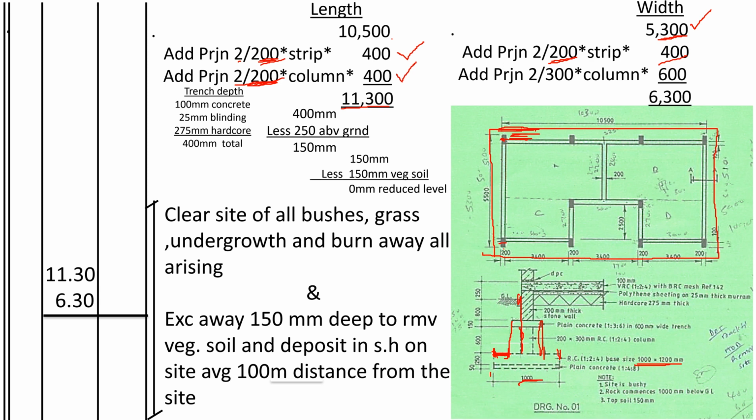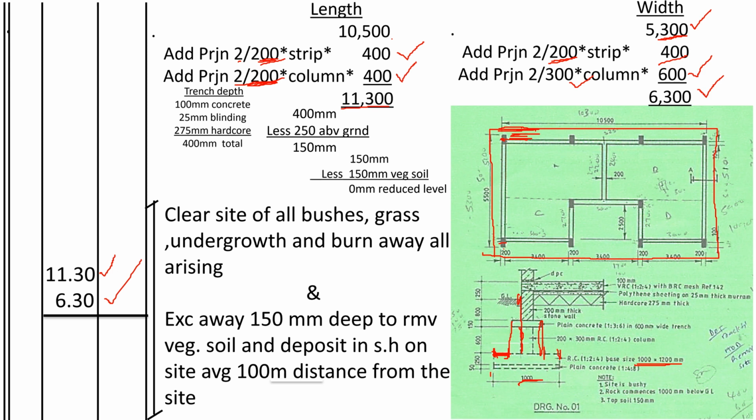So we shall also add 300 times 2. So the total for the wind side clearance shall be 5300 plus 400 plus 600. We get 6300. Alright, so the dimensions for site clearance shall be, the length shall be 11.3 and the width shall be 6.3.